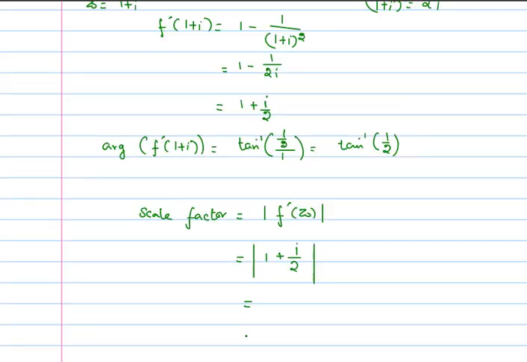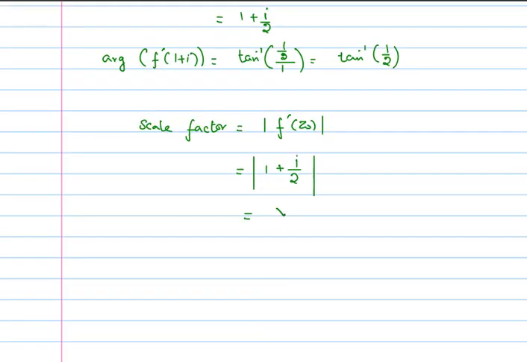We get the square root of 1 square plus (1 by 2) square, which is 4, so we get square root of 5 over 2. This is the scale factor.